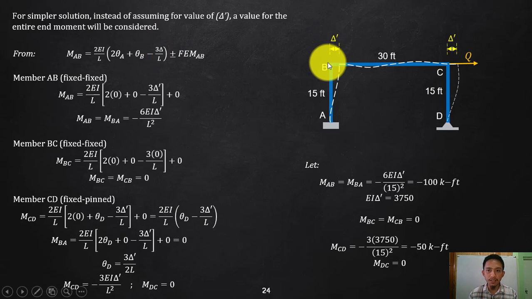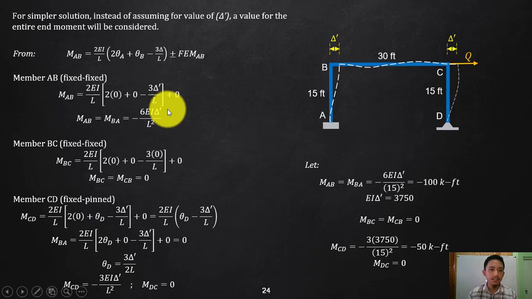That is your relative deflection of a point with respect to the other end. And of course, plus the FEM, the fixed end moment due to the external loading. However, since we removed all the external loading and are only focusing on the sidesway, there should be no fixed end moment, so that will always be 0. So we will only focus on your theta A and theta B.